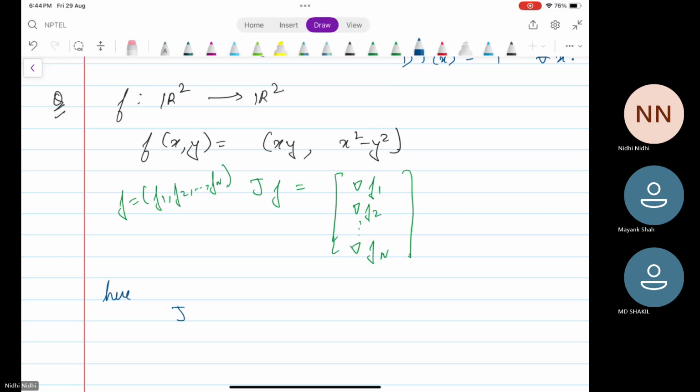Jf at (x,y) is equal to the matrix with first column y, 2x and second column x, minus 2y.